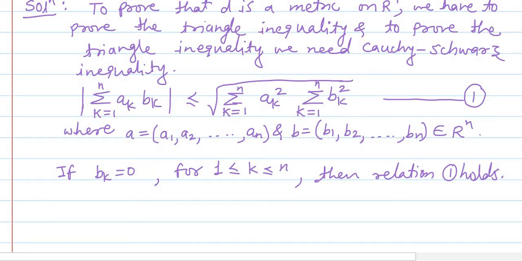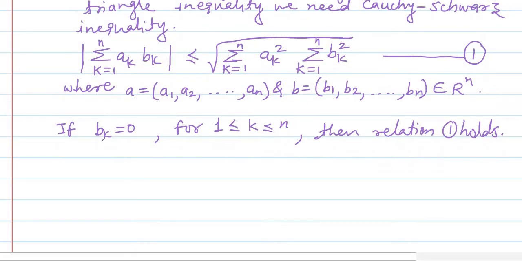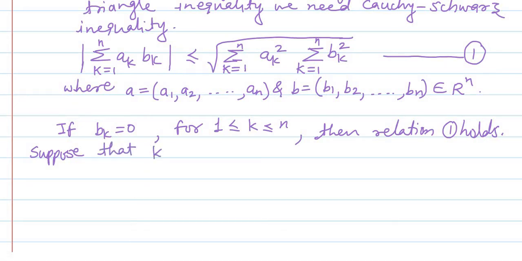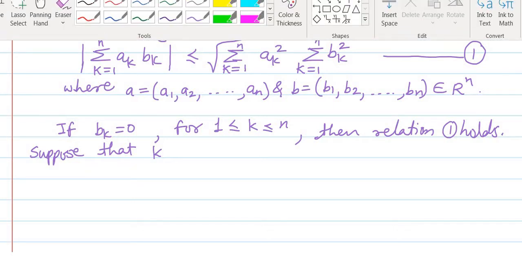Next, we will suppose that bk is not equal to 0, because if bk is equal to 0 then we have already established it. So suppose that bk is not equal to 0 for at least one value of k lying between 1 and n.